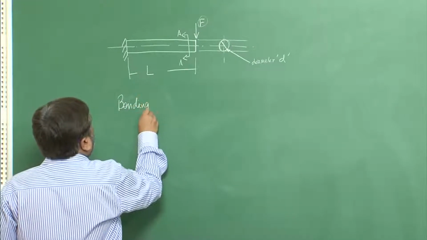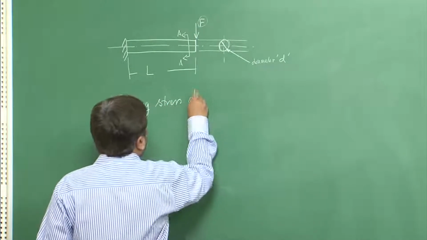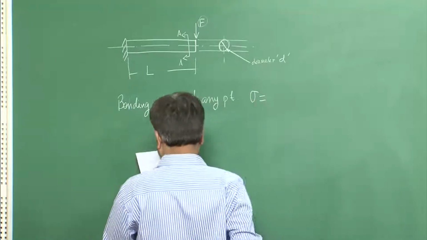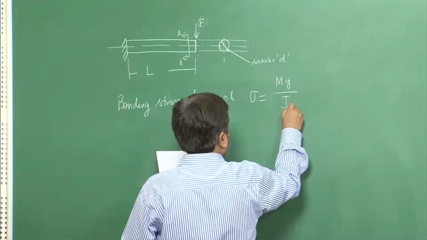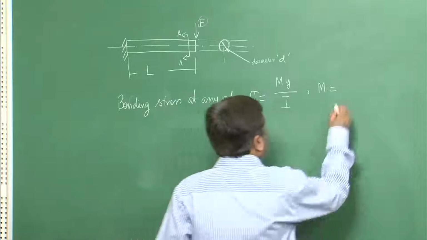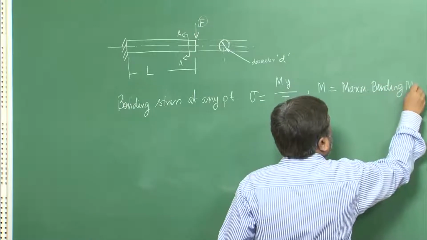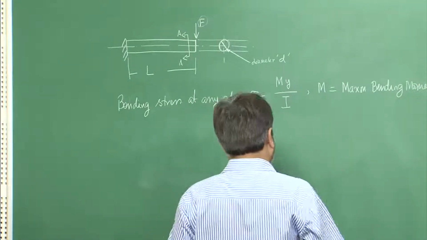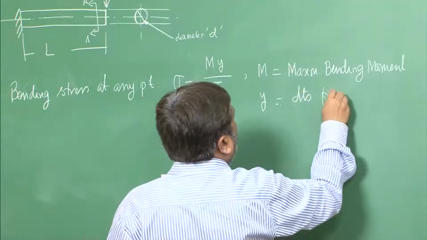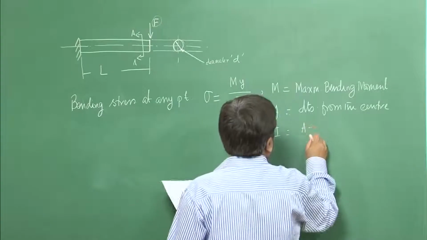As it is evident that the beam is undergoing bending, it is the bending stress which is critical, and that can be defined at any point by the simple relationship sigma equals My over I, where M we will consider to be the maximum bending moment, y is the perpendicular distance from the center, and I is the area moment.